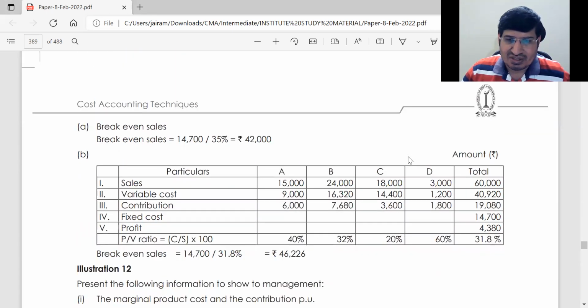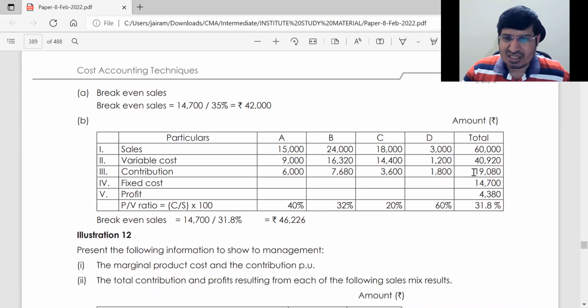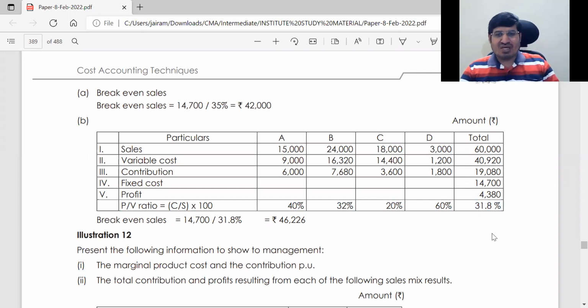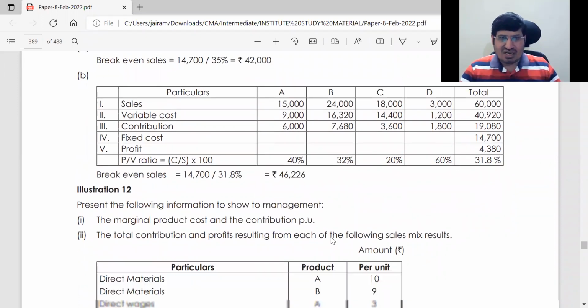You can see the total has changed a bit, and so has the PV ratio. Fixed cost will remain the same, so fixed cost upon this PV ratio is changing. The individual PV ratios remain the same, but when product mix changes, your total PV ratio changes. Just remember that. So that's how you will get your break-even sales. Till here we have done.